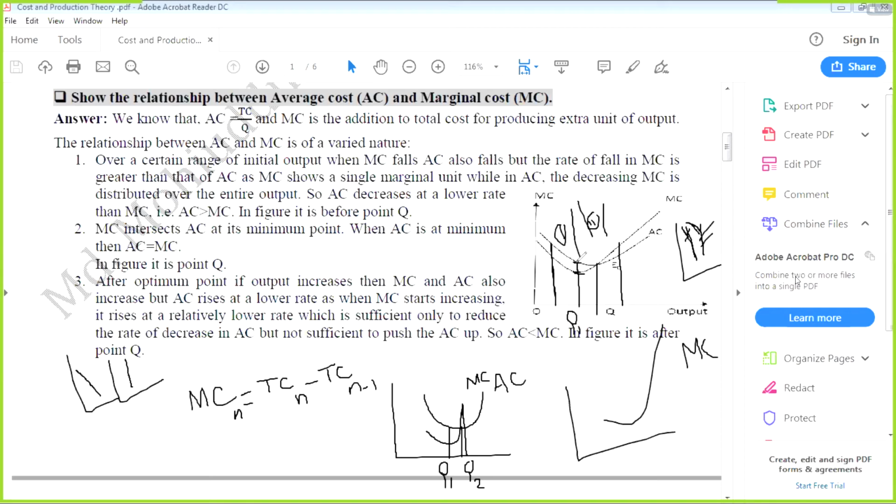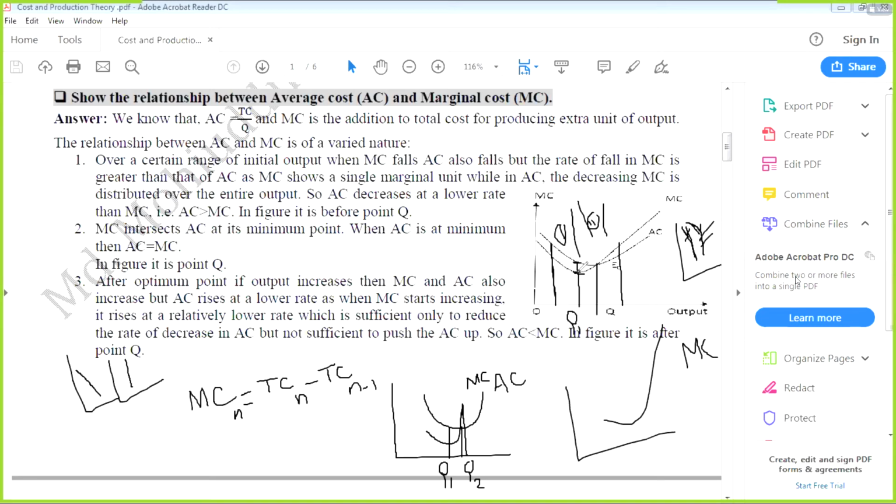It is not yet at the minimum point; the minimum point is here, and here it is already at its minimum.